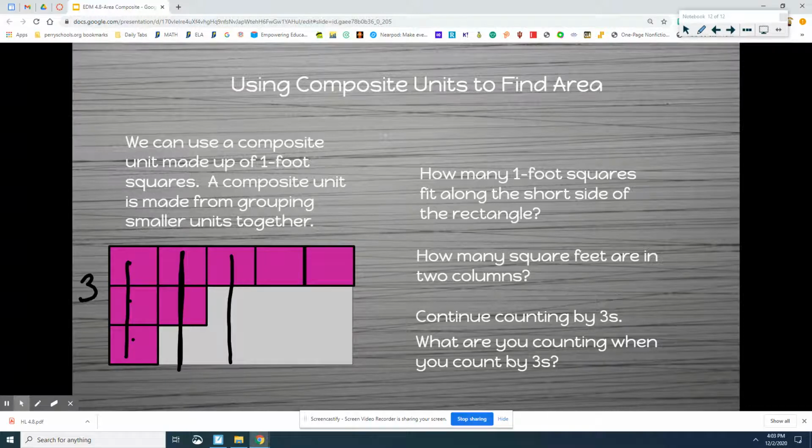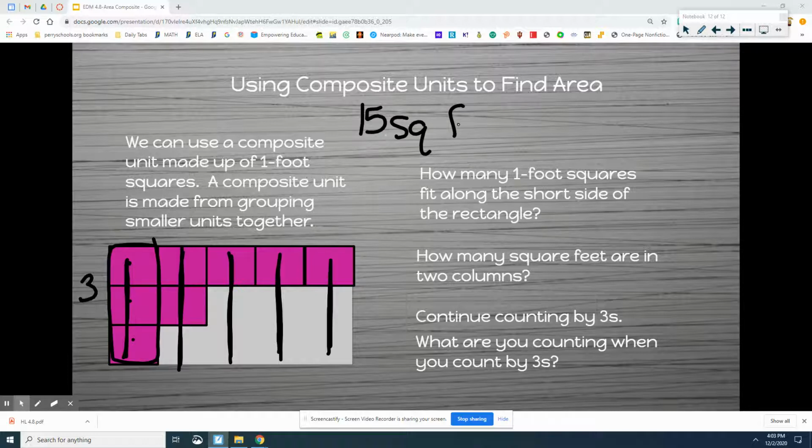And finally, if all of these have been 3, then I know that this will be 3 and this will be 3. So I would say 3, 6, 9, 12, 15. I am using that composite of 3 to know that there are 15 in this whole shape. This shape is 15 square feet.